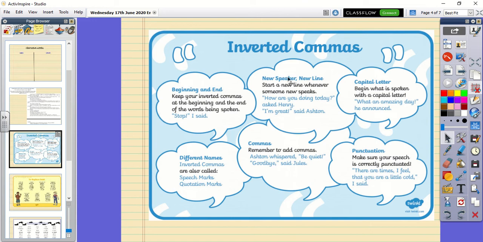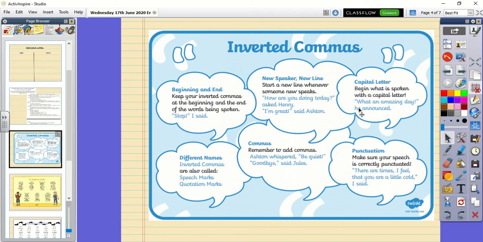Okay, so if we're doing a new speaker, we need to make sure that we're going on to a new line. All right, so if somebody else is talking, so Henry's talking, for example, on this one, but then Ashton is talking, so instead of carrying on the same line, it needs to go on a new line. Okay, so start a new line whenever someone new speaks. Always start what is being spoken with a capital letter.